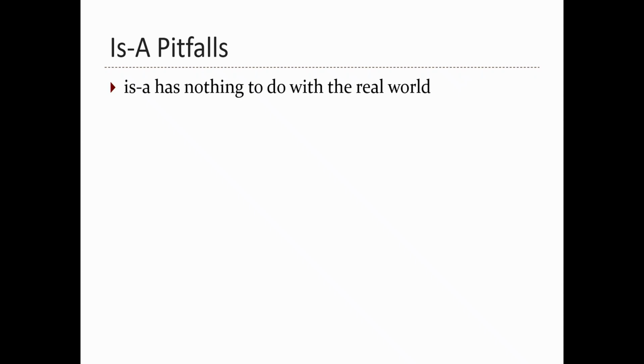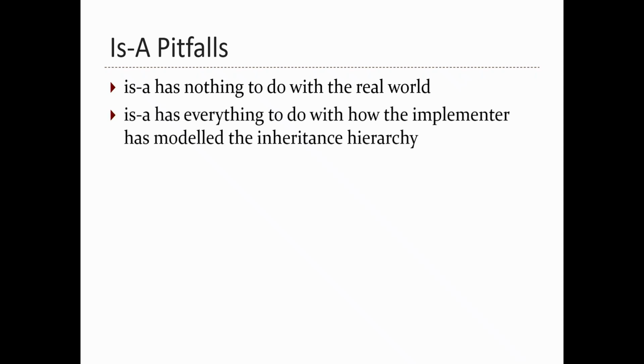So this is important: purely a programming construct, and it has everything to do with how the programmer has decided to model their inheritance hierarchy. So what it really means is the programmer creates a superclass. They decide on what the contracts of the superclass methods are, and it's those contracts that define what you can safely do when you inherit from the superclass.